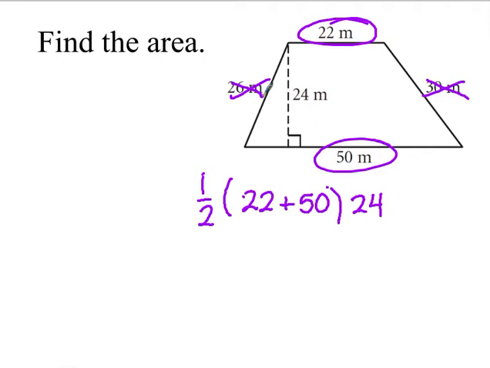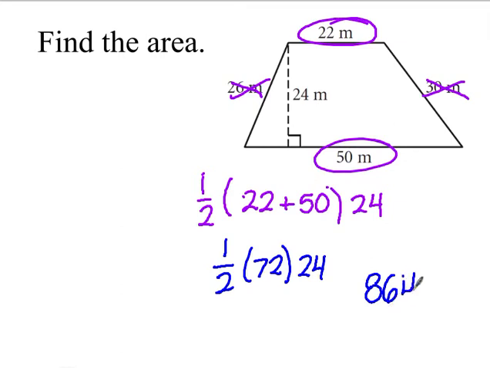They threw those in as extra things to see if you would use them or not. Now all I have to do is calculate that. 22 and 50 I know is 72. So what does my answer come out to be? Let's go. What's the answer? 864 meters squared.